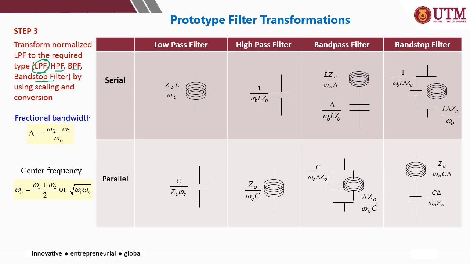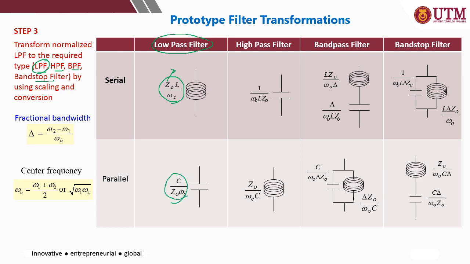So if the final design must be low pass, then the serial inductor must be recalculated by using this equation. Z0 is the characteristic impedance, L the inductance value, and omega C the cutoff frequency. If the first component is the parallel capacitor, then you need to recalculate by using this equation.